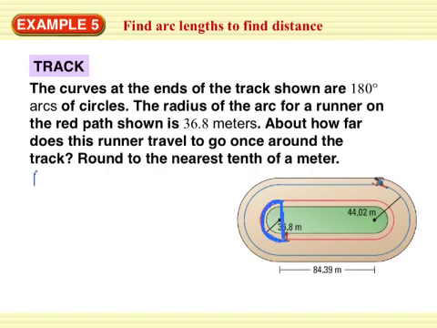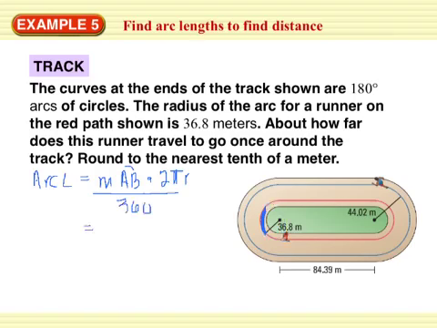So, arc length equals the measurement of the arc. I'm just going to use the one from the corollary, times 2 pi r over 360.